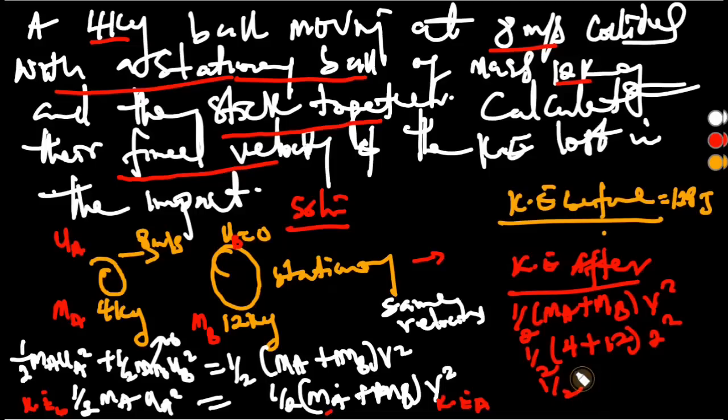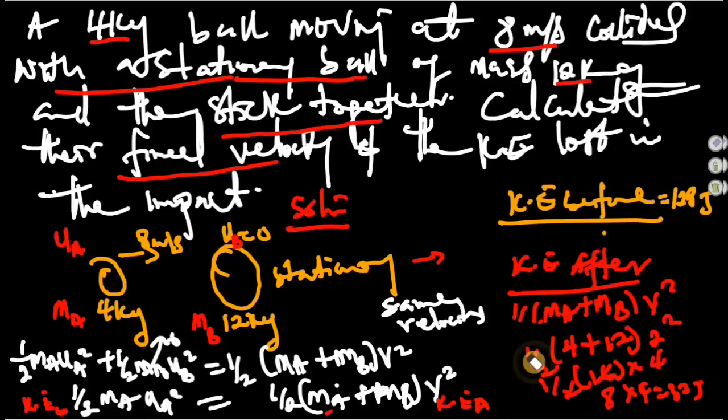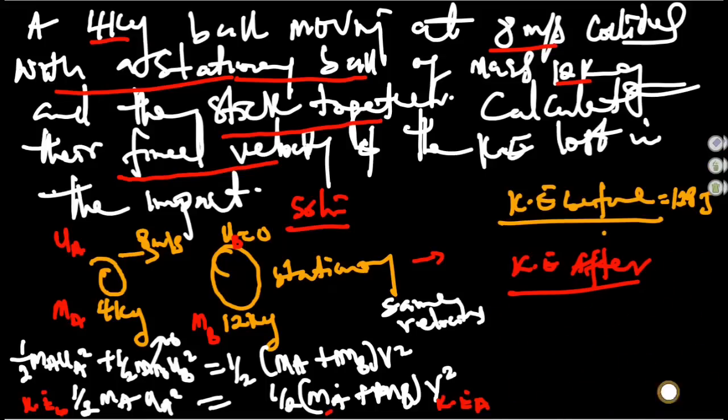This is half of 4 plus 12, which is 16, times 2 square, which is 4. So this can go into this, you have 8, and 8 times 4 is 32. So you notice that the kinetic energy after the collision is 32 joule. Actually, kinetic energy was lost.